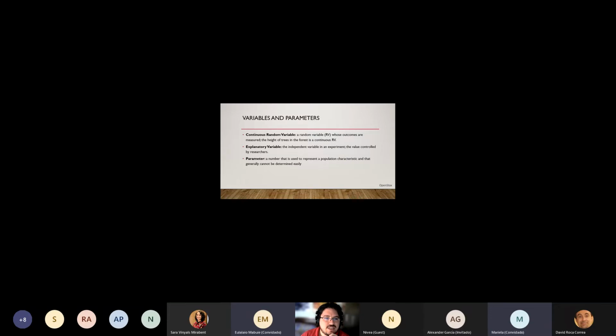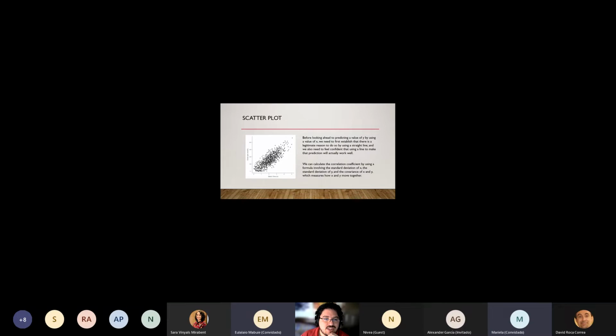So here, for our linear model, we have the continuous random variable, which is clicks in your website. The explanatory variable, which is the watch time, and the parameters, which I already mentioned, the slope and the intercept, okay?